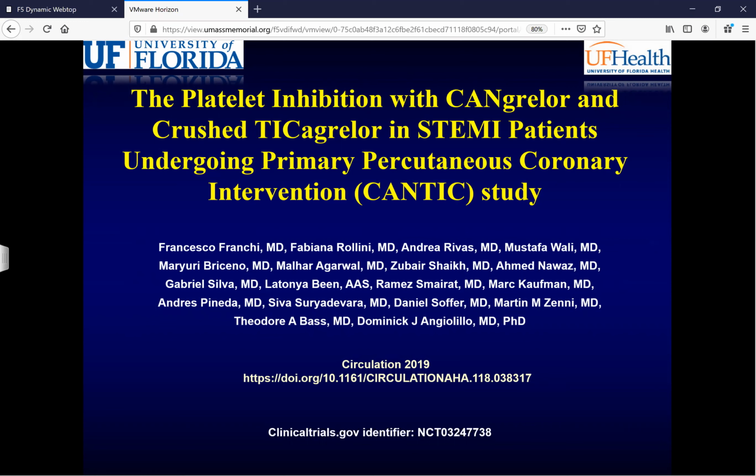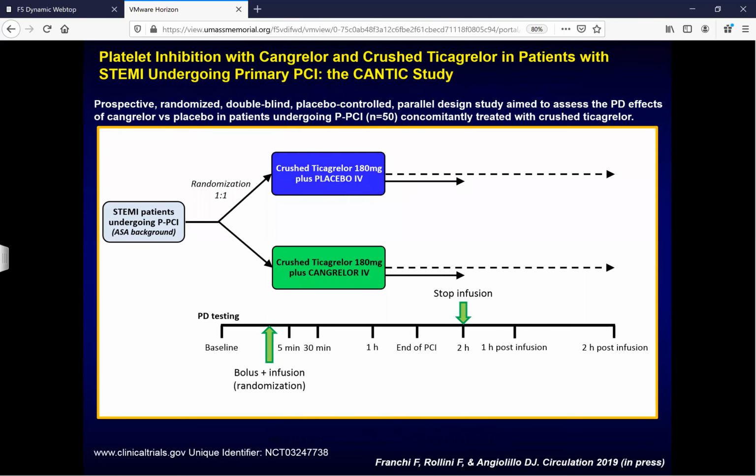Because of its rapid onset, people who were with Ticagrelor came up with this, okay, why not we crush the Ticagrelor? Because when you crush the drug, it increases the surface area and then it can be absorbed quicker. So they did this Cantic trial where they crushed the Ticagrelor 180 milligrams, and then they crushed Ticagrelor with Cangrelor, and they gave it during the infusion.